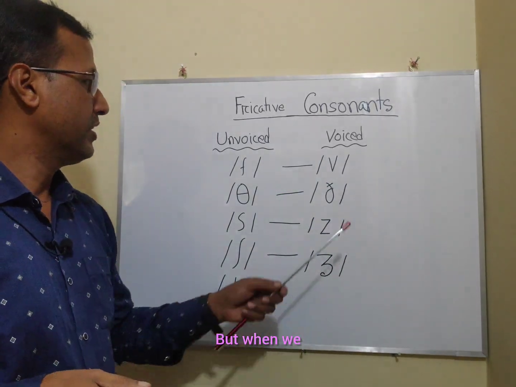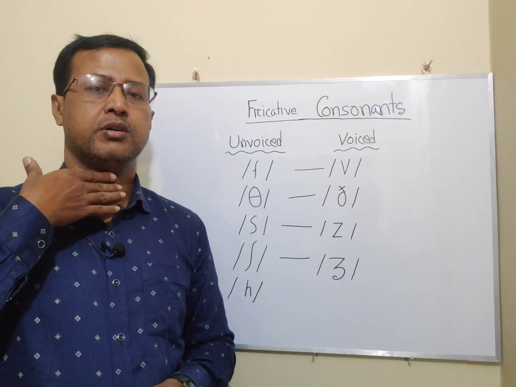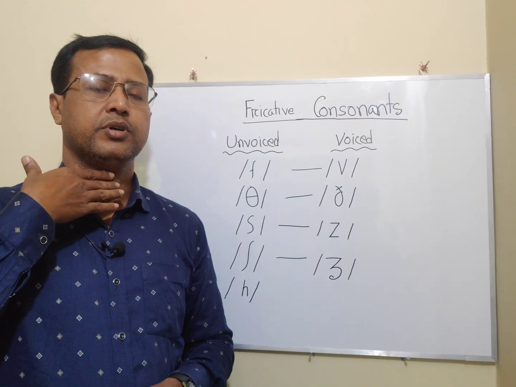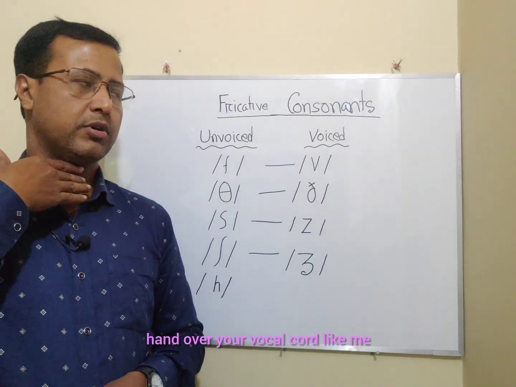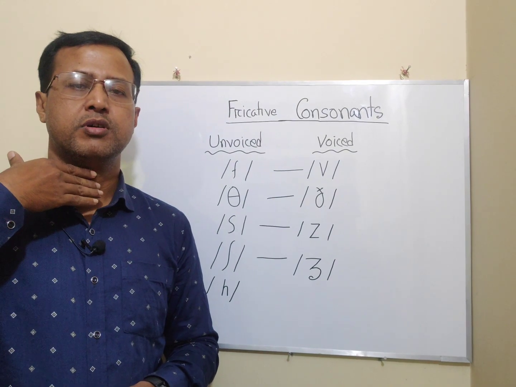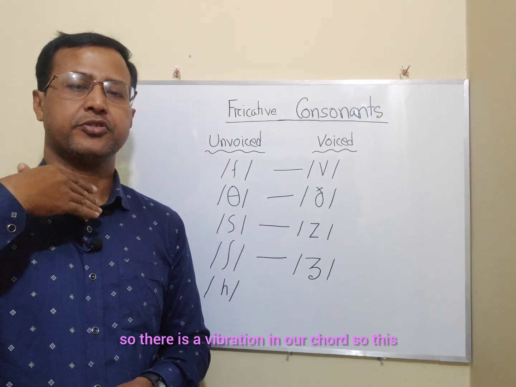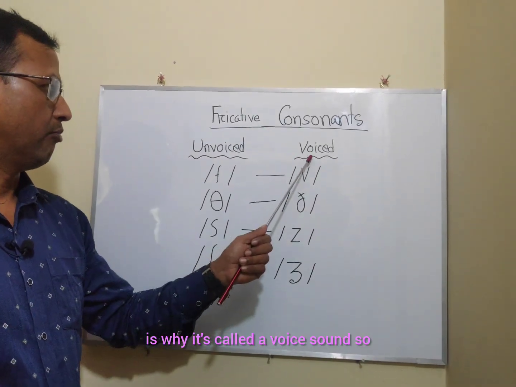But when we say this sound, you can follow, you can create the sound putting your hand over your vocal cord like me. So there is a vibration in our cord. So this is why it's called a voiced sound.